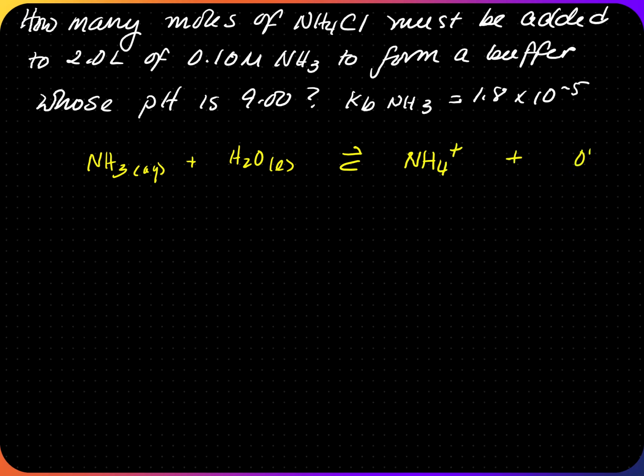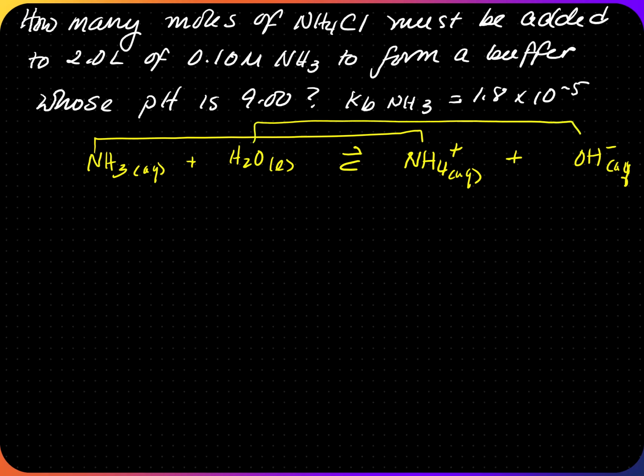The water becomes OH minus because it gave away an H plus. And if you look at my equations, the NH3 and NH4 plus are a conjugate pair. The water and the OH minus are a conjugate pair.